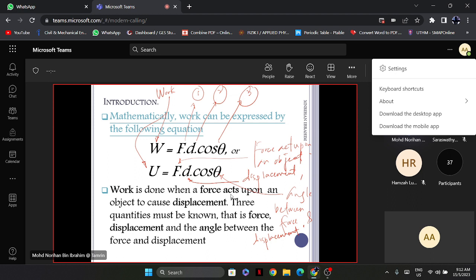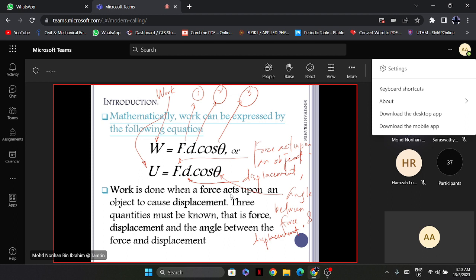Work is done when a force acts upon an object to cause it to displace. An action of force applied on an object that causes it to be displaced or move from position 1 to position 2, from initial to final position. That is work. So it needs to fulfil several criteria stated here.